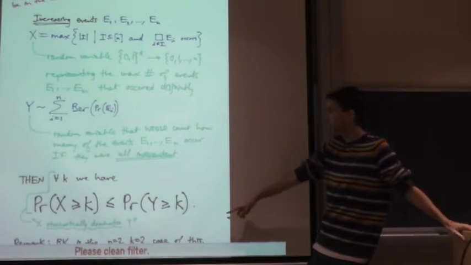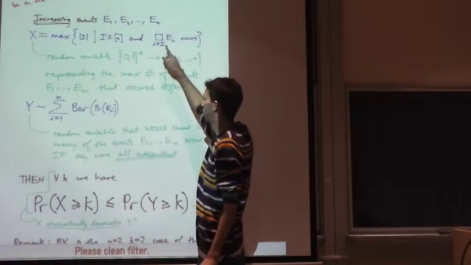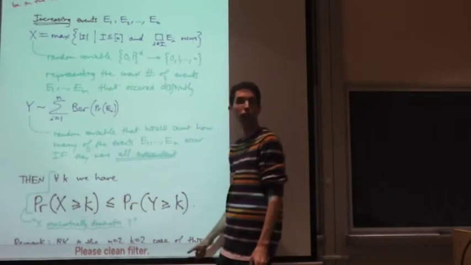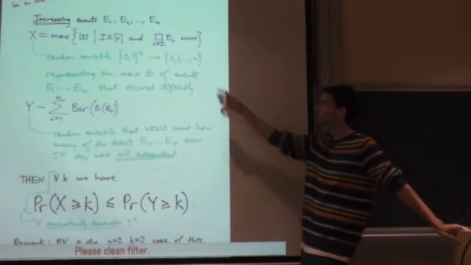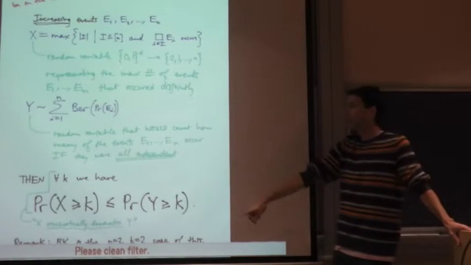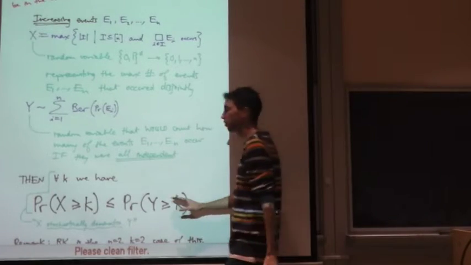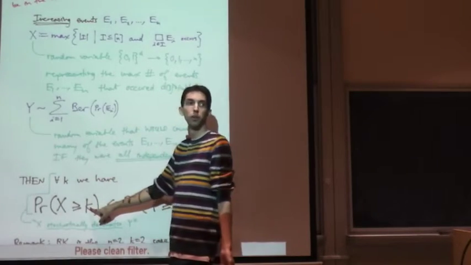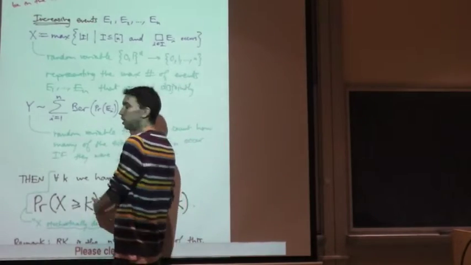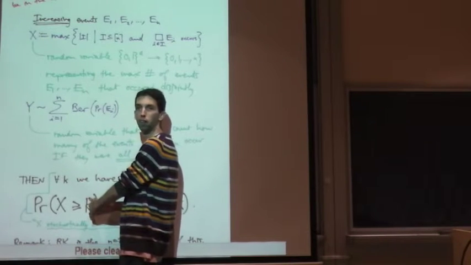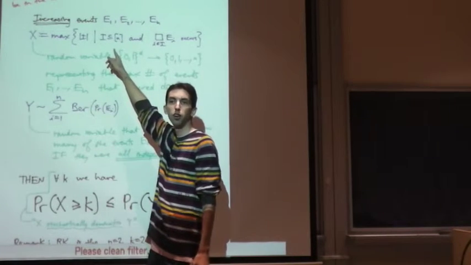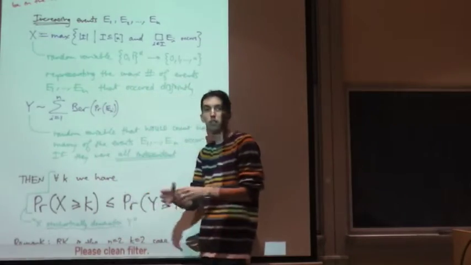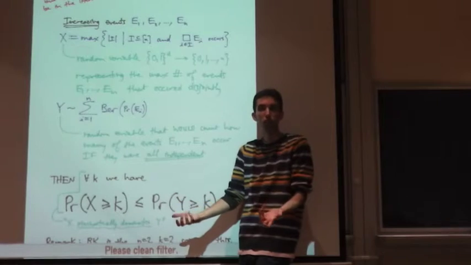Right. So suppose that n is the number of events, k is this k here. So suppose we took n equals 2 and k equals 2. n equals 2 means we have two events. And k equals 2 means, what does this translate to? The probability that X is at least 2 is the probability that E1 and E2 occur disjointly. X is the thing counting how many occur disjointly. So if X is at least 2 and there are only two events, that means that they occur disjointly.